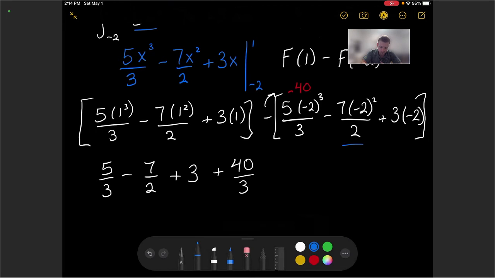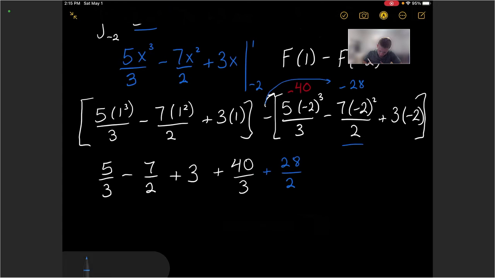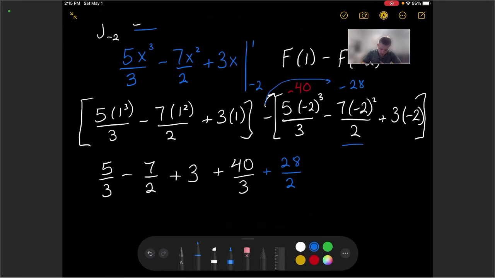So -28 here. Again, with that distribution of the negative sign, it'll be a positive 28 over 2. And then the last term we'll have is going to be 3 and -2. Right here gives us -6, but again, we're distributing the negative sign there, so that will be a positive 6 at the very end.